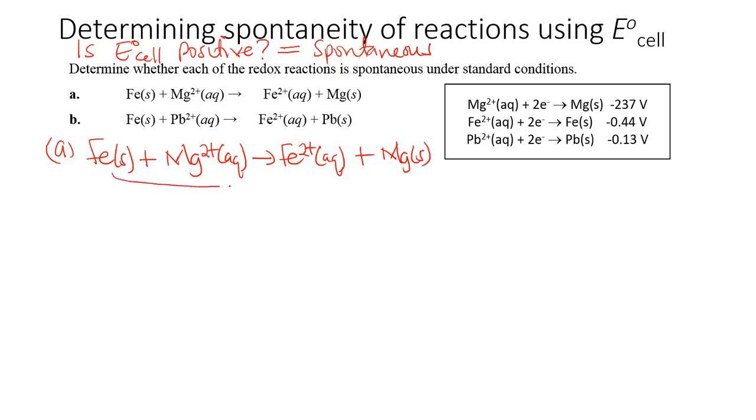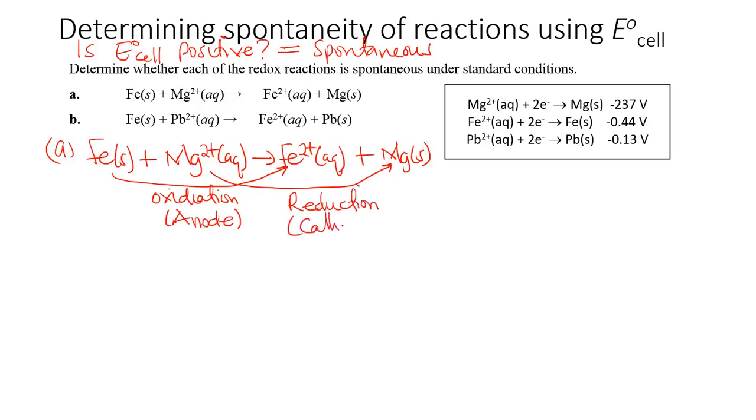Fe is losing electrons, so this is oxidation. And we know oxidation will happen at the anode. While Mg is gaining electrons, and this is reduction. And reduction will happen at the cathode.